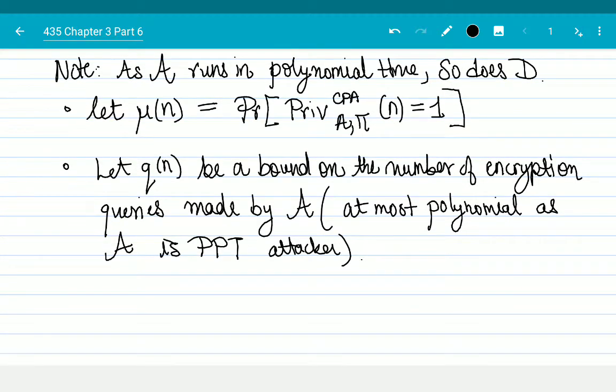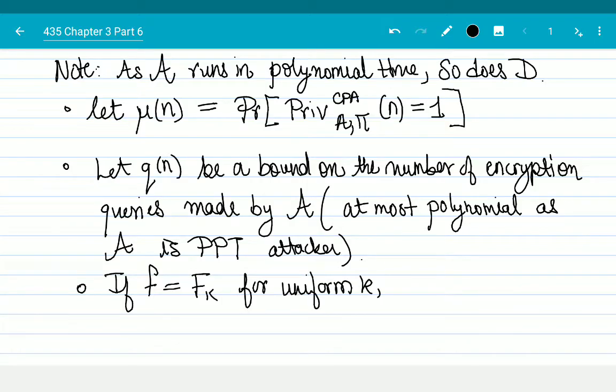So now let us look at what is happening. If F was pseudo-random, if F is equal to Fk, which is pseudo-random, for some uniformly chosen key k, then in the view of the adversary A, things are happening exactly as in the CPA experiment.